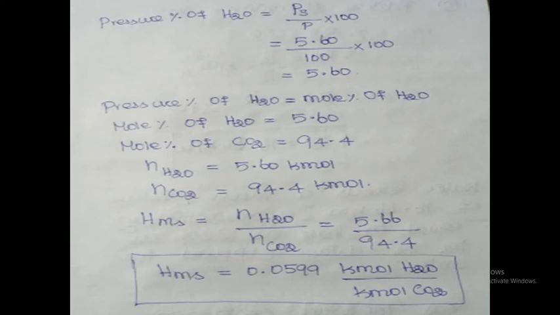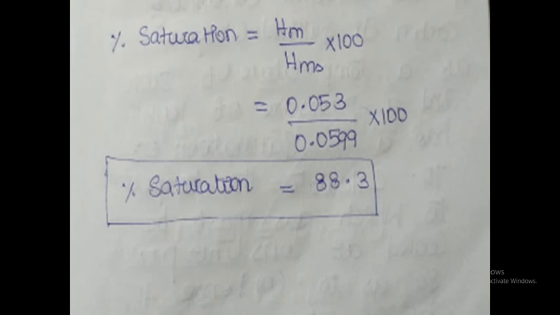The formula: number of moles of water divided by number of moles of carbon dioxide, that is equal to 0.0599. The unit of molar humidity is kilomole of water divided by kilomole of carbon dioxide. Saturation also has the same unit. Are you clear? So this is in terms of mole basis. Now we are ready to calculate percentage saturation.